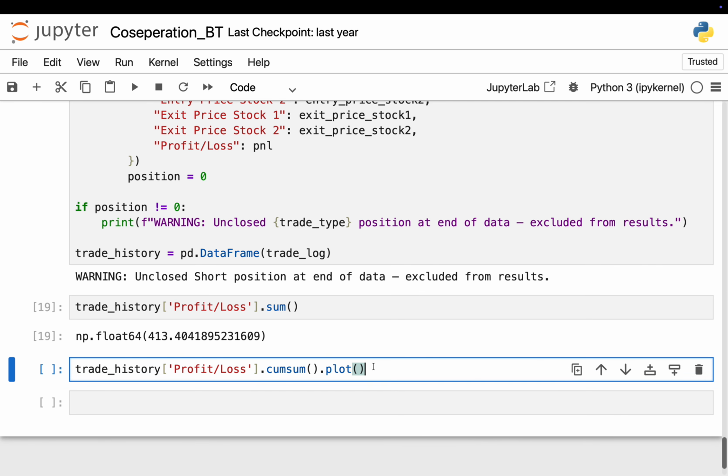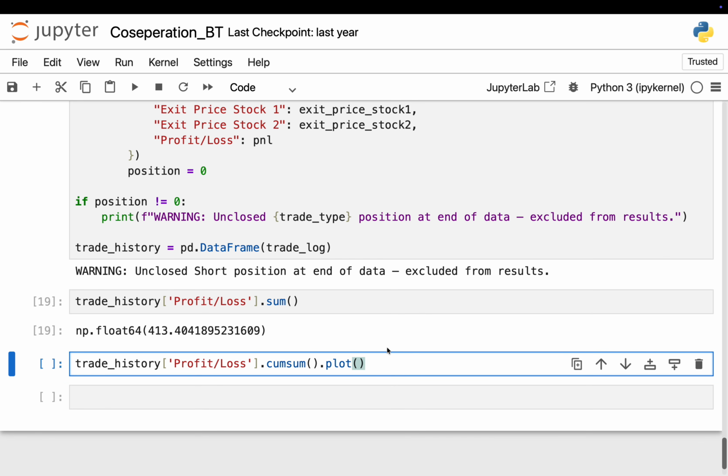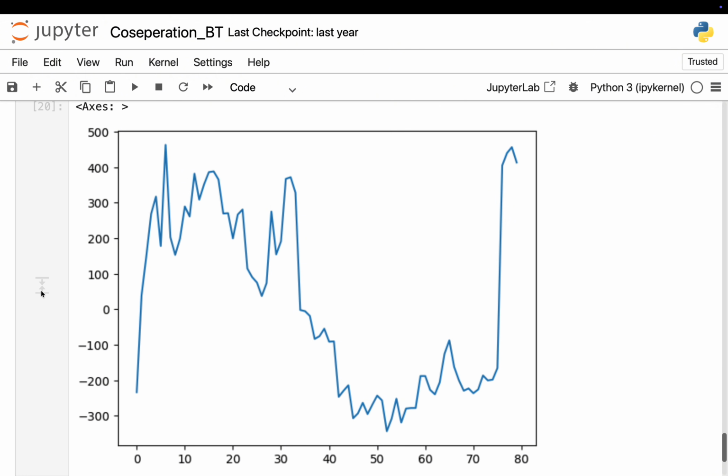If you just take the cumulative sum, you see the development of the strategy. And this equity curve tells the real story. The strategy opens with an immediate $250 loss on the first few trades, recovers to a peak of around 450-ish by trade 6, and then grinds steadily down to minus 350 by trade around 50-ish.